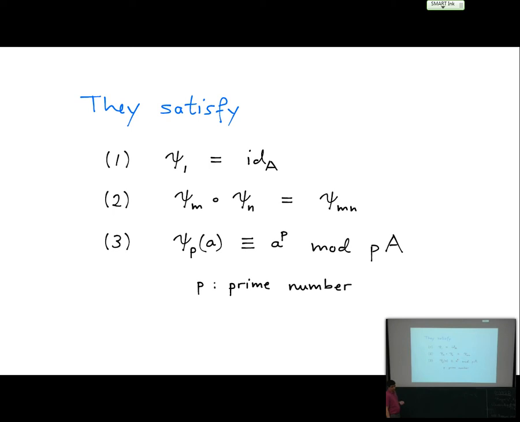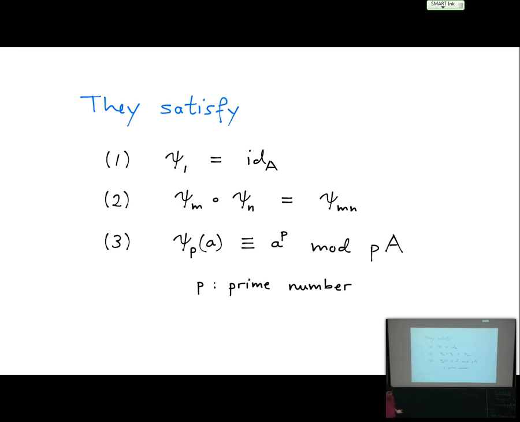If the ring A is flat over Z, so if it's torsion free, then Wilkerson has proved that if you have this data, there exists a unique lambda ring structure that gives rise to it.